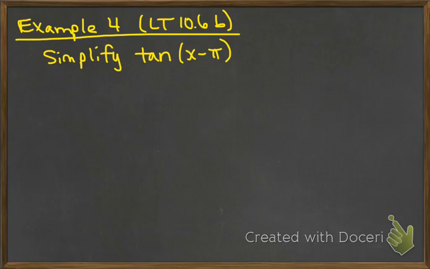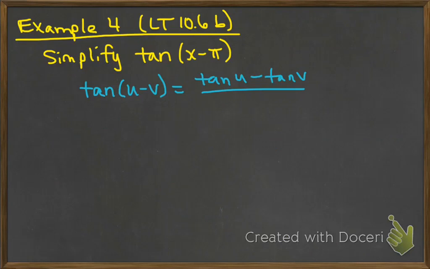So let's try one more problem where we're doing some more simplifying. Learning target 10.6b. And they want us to simplify the tangent of x minus pi. So again, we're going to look at our trig formula sheet and find the tangent of u minus v, which gives us, off of that sheet, the tangent of u minus the tangent of v all over 1 plus the tangent of u tangent of v.